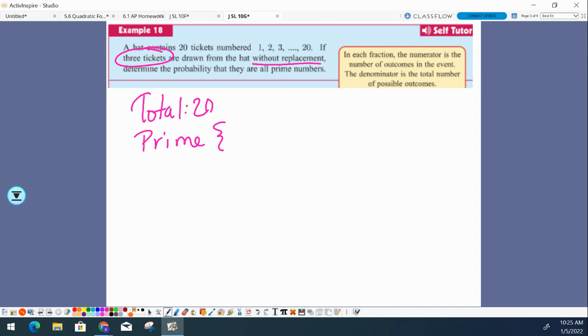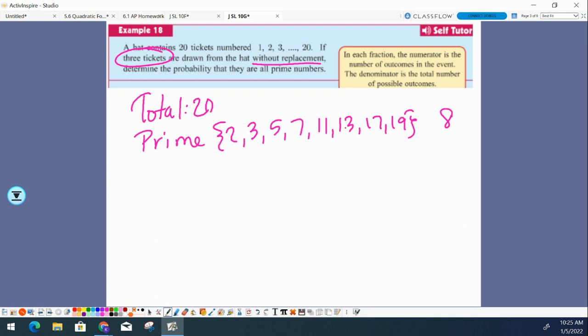So 2 is our very first prime number. You never start with 1, you always start with 2. 2, 3, 4 is not, 5, 6 is not, 7, 8 is not, 9 is not, 10, 11, 13, 17. All right, so there's 1, 2, 3, 4, 5, 6, 7, 8 prime numbers.